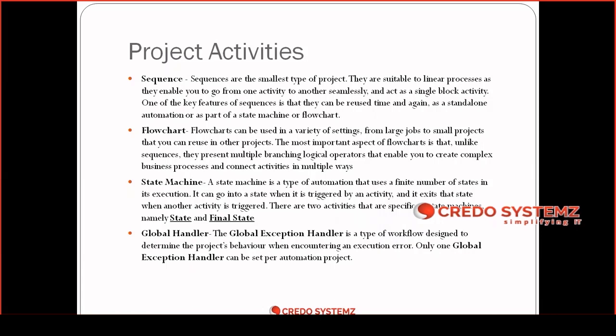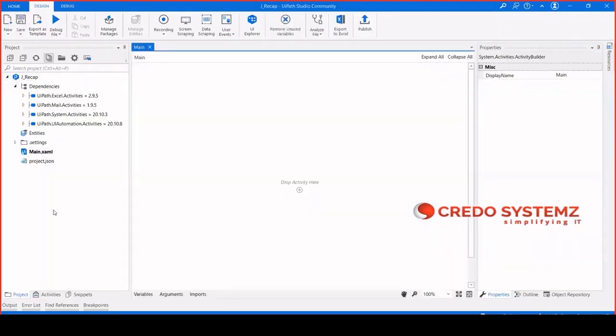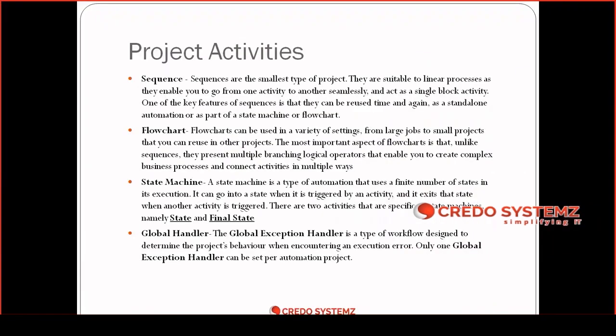And whenever you want to do error handling, we are going to talk about the global exception handler. A single project will be having one global exception handler. The global exception handler will be just one particular file per project. This will define the behavior the project needs to follow when it encounters an error.